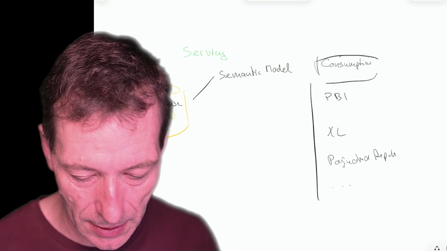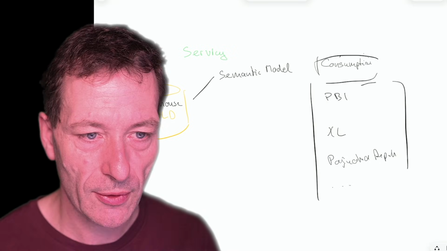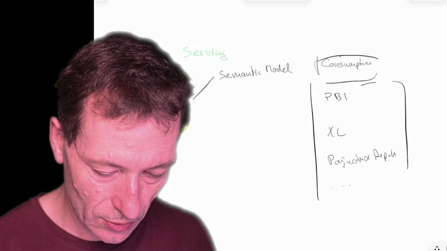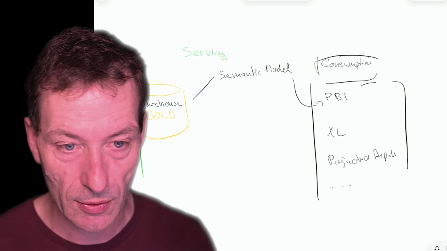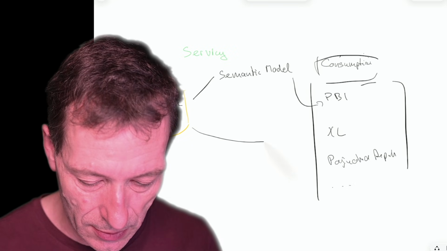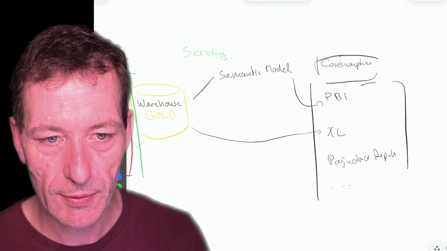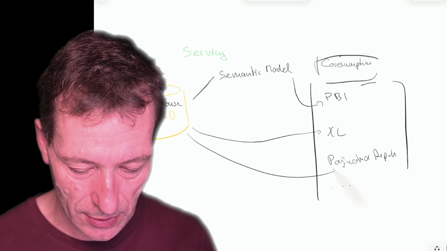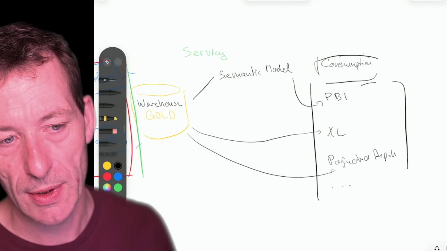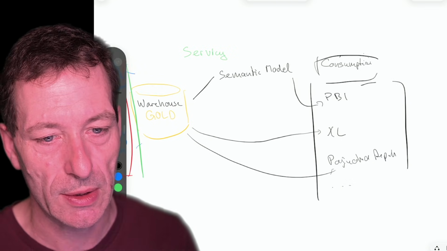And you might imagine much more. For the semantic models, you could, of course, connect directly Power BI, but also different things like Fabric IQ. Excel, you could also directly connect to your SQL warehouse, Power BI too. And paginated reports also could go directly with your warehouse or with the semantic models.